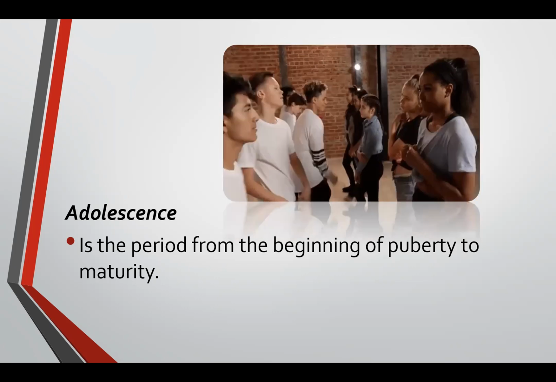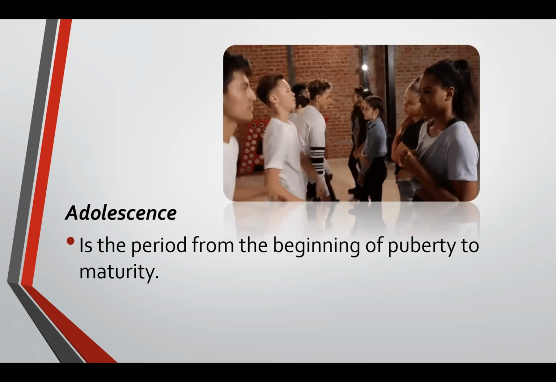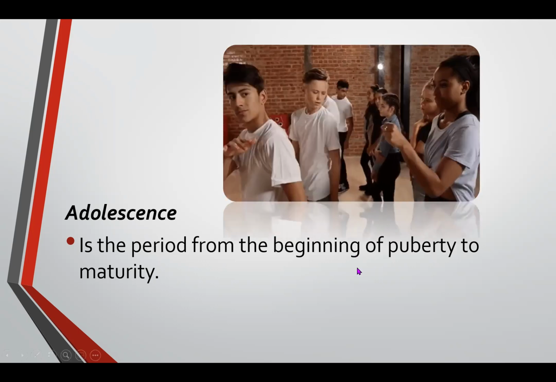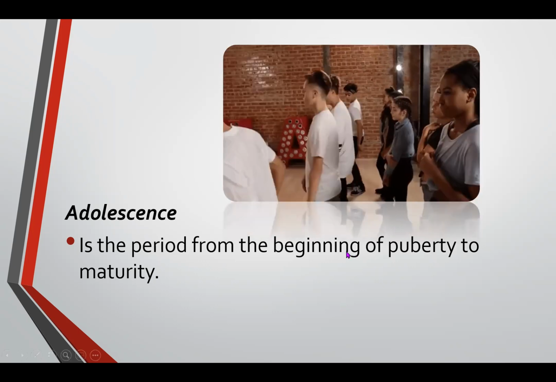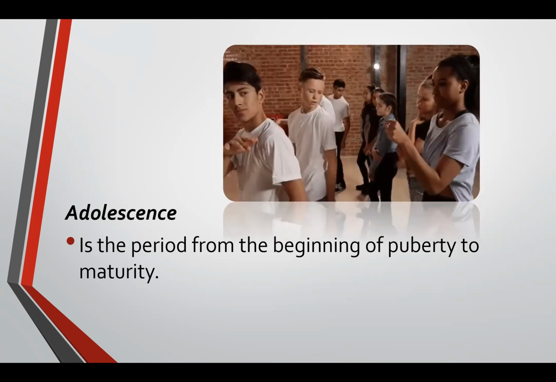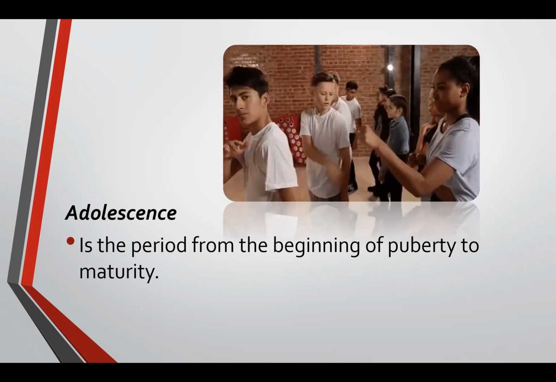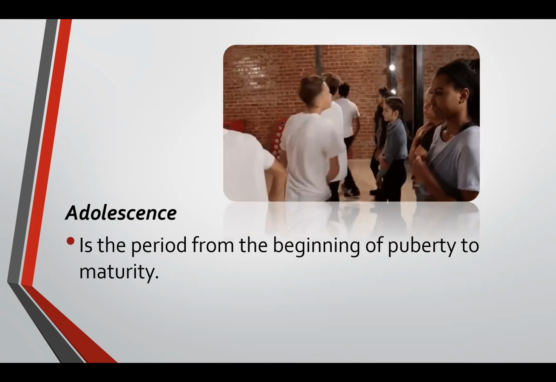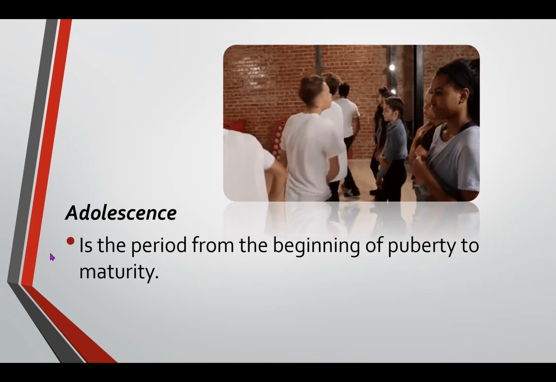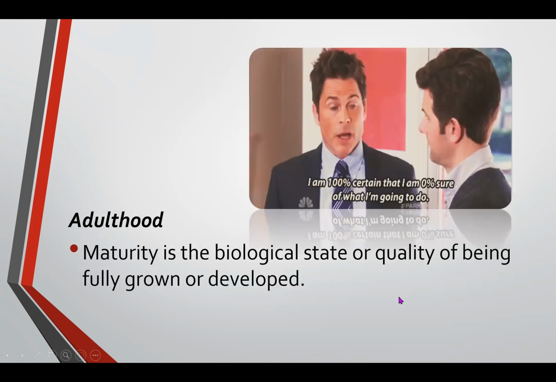Puberty is when your hormones start changing the body physically. You grow taller, you have hair on the face, in the armpit, and in the pubic area. You have pimples, you have menstruation. Boys get taller. That is adolescence. Highlight and underline in the books.